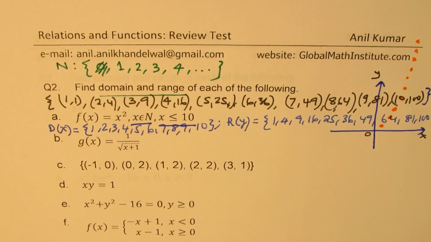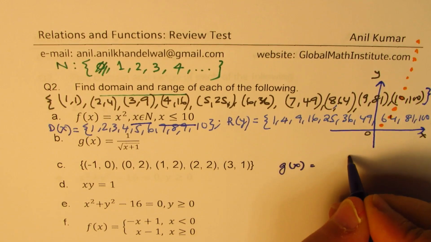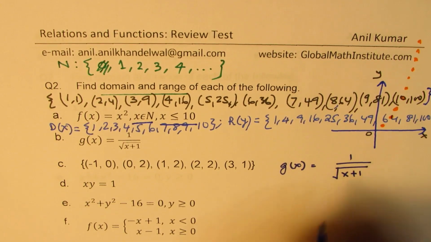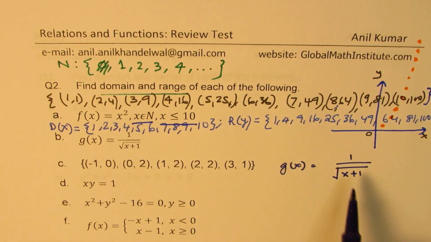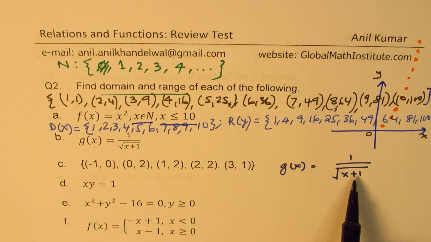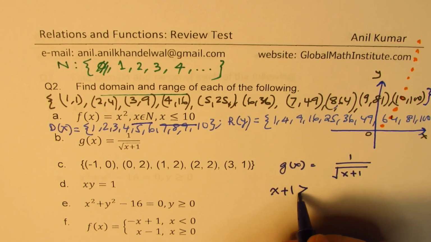The next question here is, let me rewrite clearly, which is g of x equals 1 over square root of x plus 1. Now the denominator cannot be 0, and since it is within the square root, it has to be greater than 0, right? And therefore, we say x plus 1 should be greater than 0.